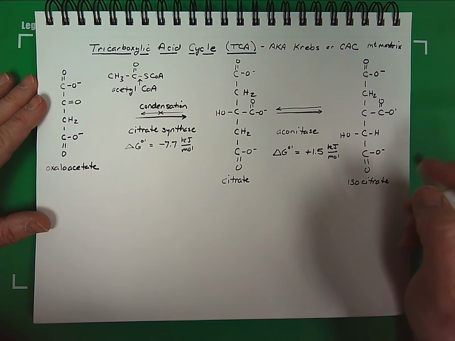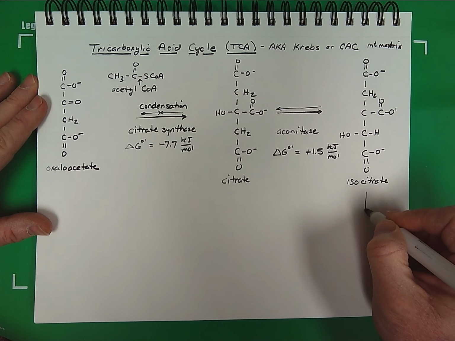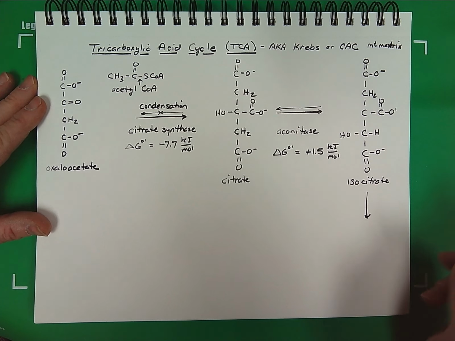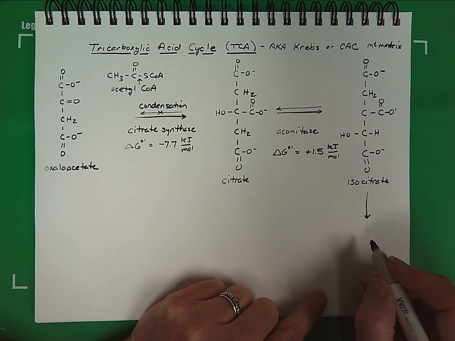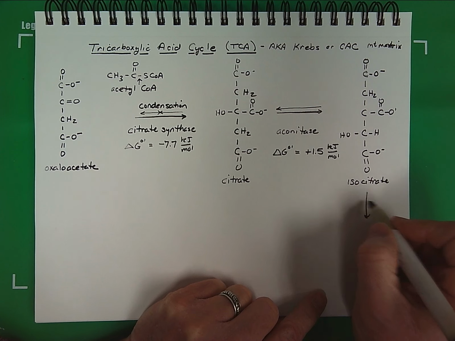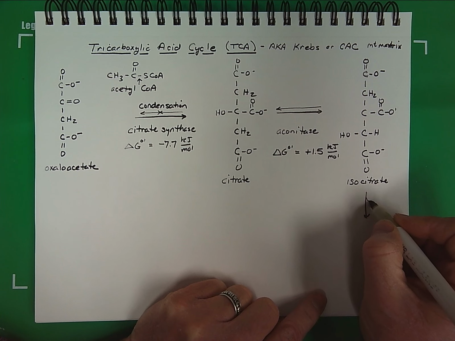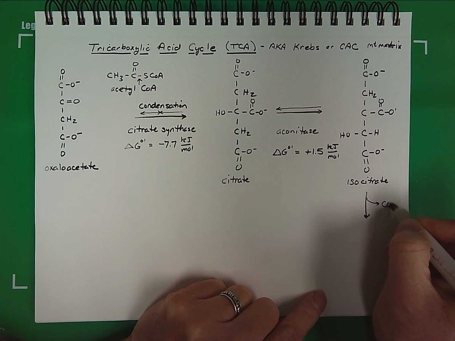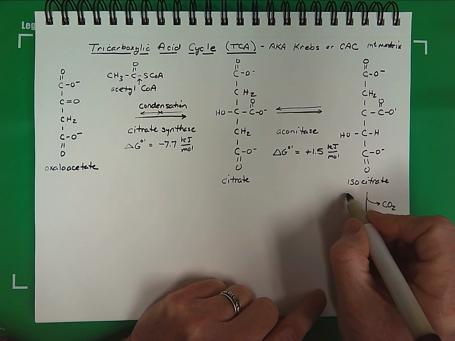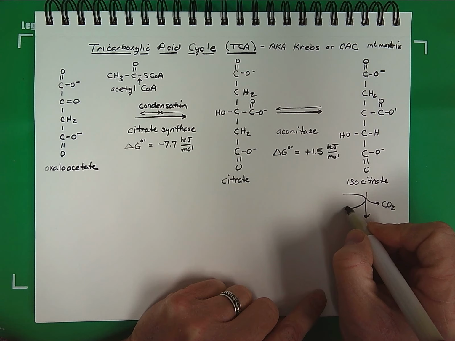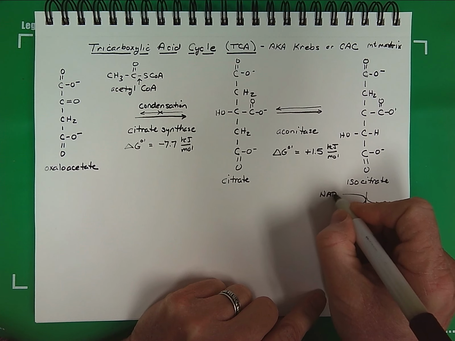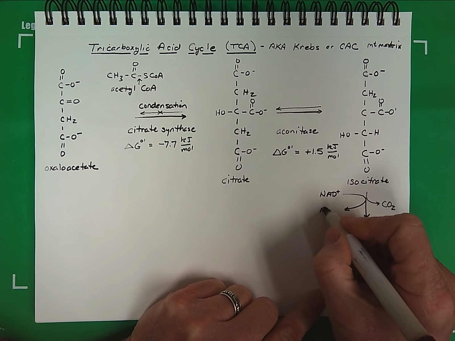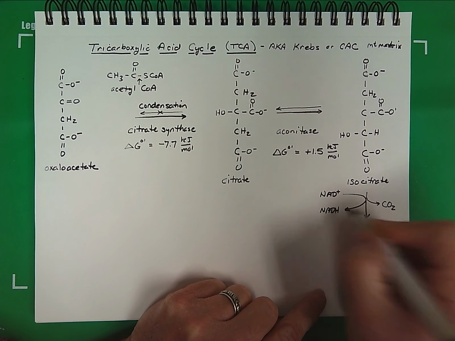Now the next reaction from isocitrate is going to be an oxidative decarboxylation reaction. So what that particularly means is that we are going to be losing a CO2 molecule, and we are going to perform a redox reaction where we are reducing NAD to NADH.